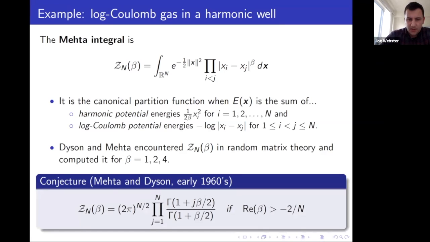So working with these particular values of beta, Mehta and Dyson conjectured that this was the formula for the most general beta they could find, which is all the complex beta with sufficiently large real part. So it's not hard to see from the definition of this Mehta integral that it should converge absolutely for beta with real part this large.